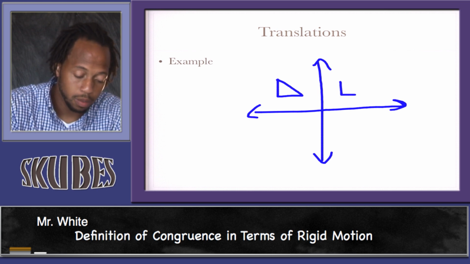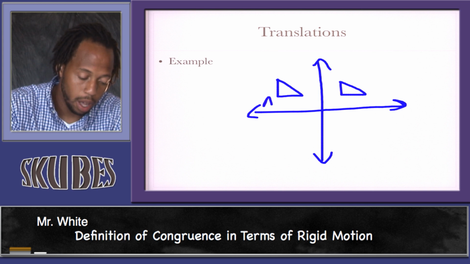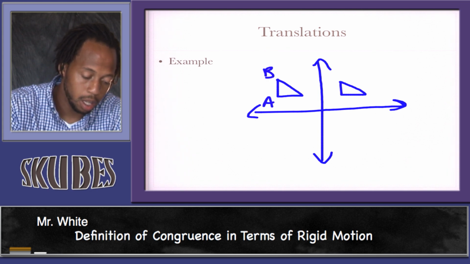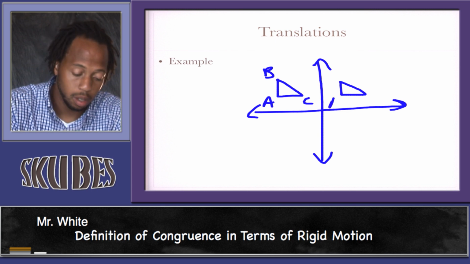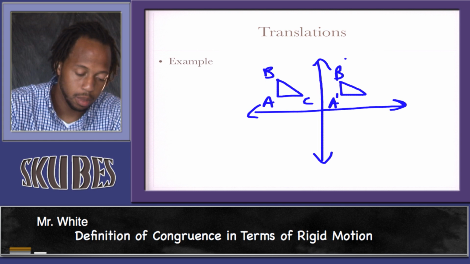So let's say, for instance, triangle A, B, C is translated to the right, forming triangle A prime, B prime, and C prime.